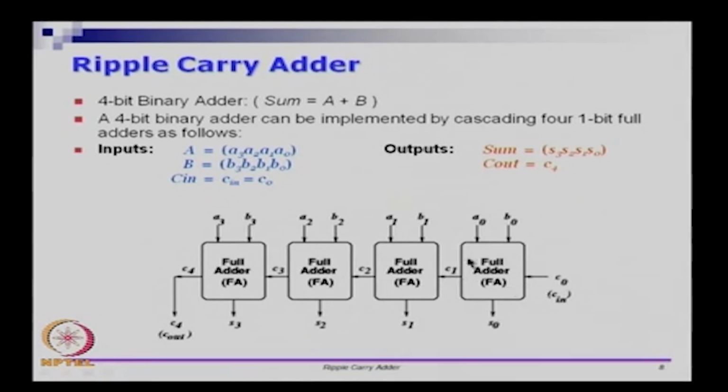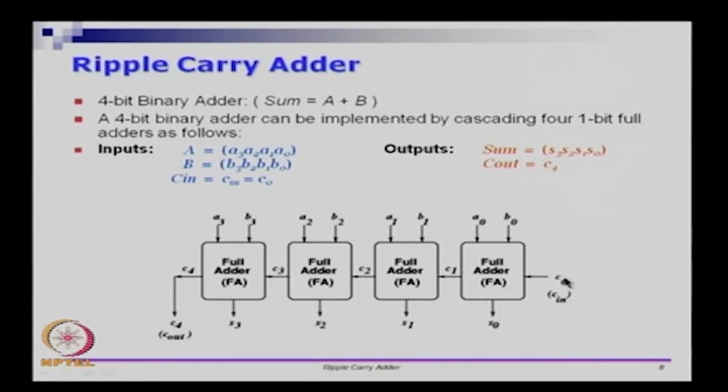So the carry that is generated from this rightmost stage may ripple through the rest of the circuit and may result in a change of C4. So imagine if I added 0001 to 1111, right. So A3, A2, A1, A0 would have all been ones and B3, B2, B1, B0 would be 0001.